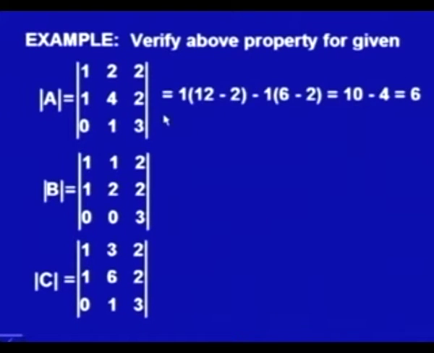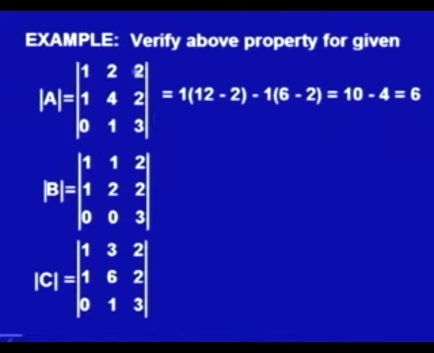So, let us calculate the determinants. The determinant A is first column, first element, 1 into 12 minus 6 minus 2. I am expanding about the first column.